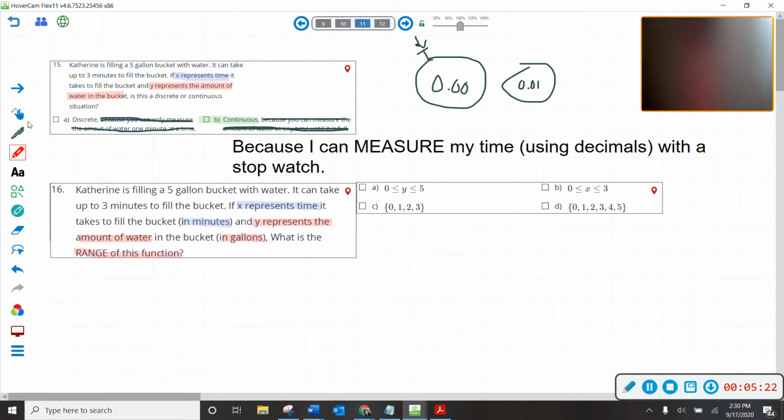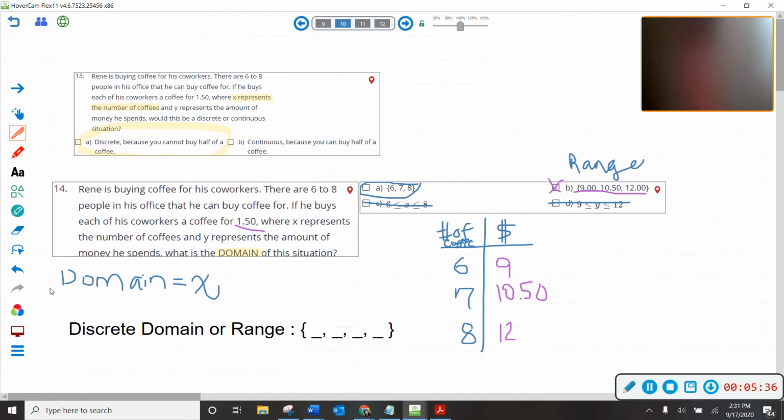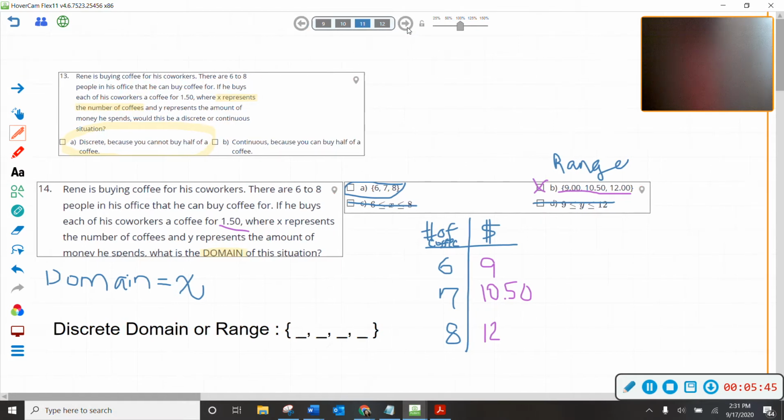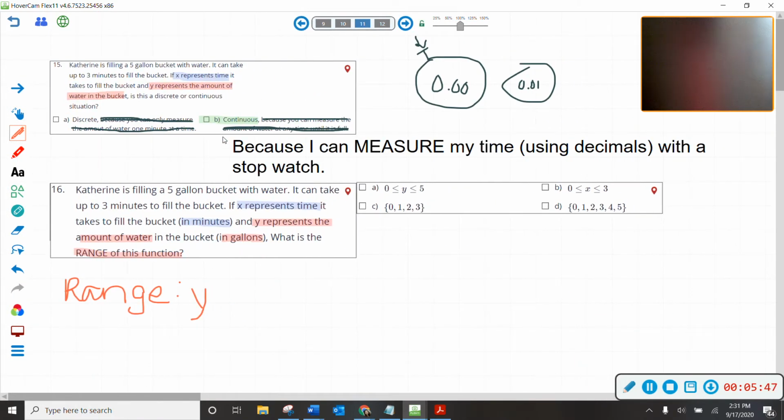So recall, we had said that for range, we're concerned about y values. That's our output. So we have two different things going here. If we look back over here, last time we were talking about domain, x values, but specifically we had discrete data. Now this time we have continuous data.